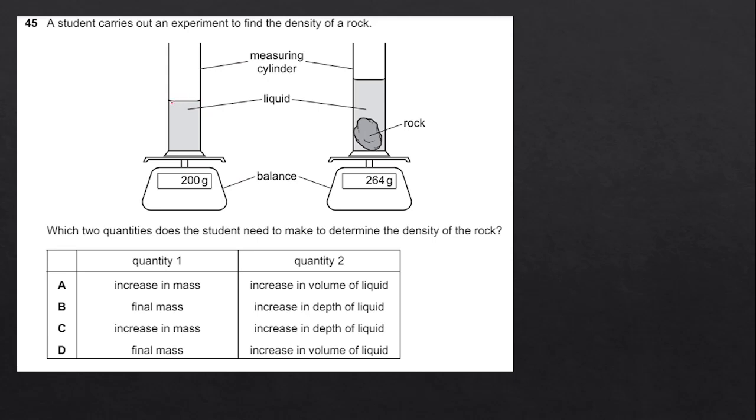Initially we had this volume of liquid. Now the volume has increased to some other reading. So we have to find this change in volume. That will give us the volume of the rock. By using density equals mass by volume, we can find the density of the rock. So the things which are needed are the increase in mass, then the increase in volume of the liquid. So the correct answer is option A.